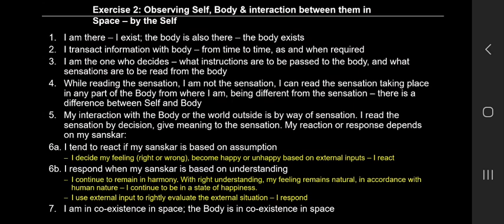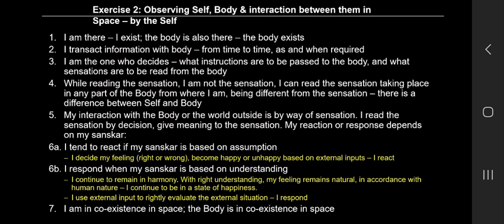Then in step 4, I can see that I am not sensation. I am not body. I can read sensation taking place in any part of the body.